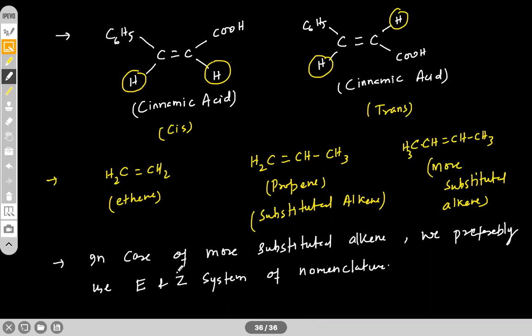Now, what is this E and Z? First of all, this E and Z has nothing to do with cis and trans. Write down this one. E and Z has nothing to do with cis and trans.